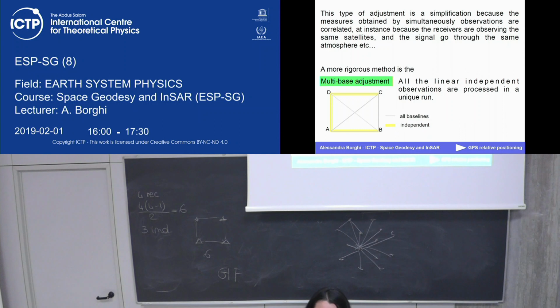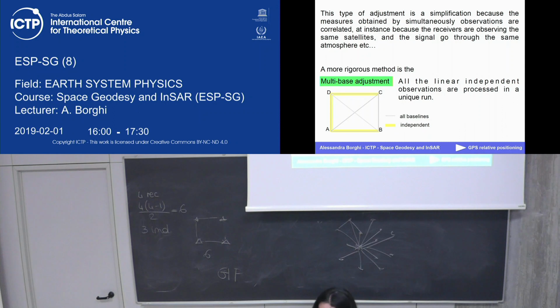This is important when you have a session of measures, so you observe for 5 hours in a place, after you switch off your instrument and move to another place and switch on the instrument and so on. In this type of campaign, it's important that you have the bigger number of observations that you are going to process, because you want redundant observations in your least squares.